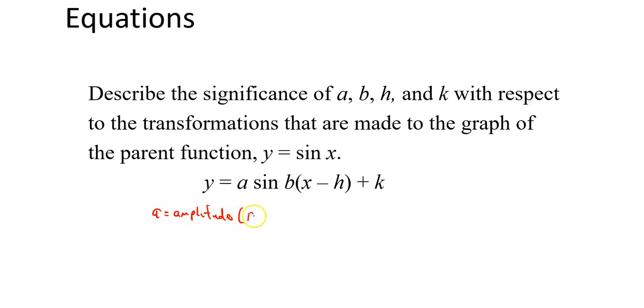It also can cause a reflection. You notice the one that we graphed that had a negative 3 reflected it across the x-axis. So it can do one, the other, or both. That b value is going to change the period. That h value is going to cause a phase shift.